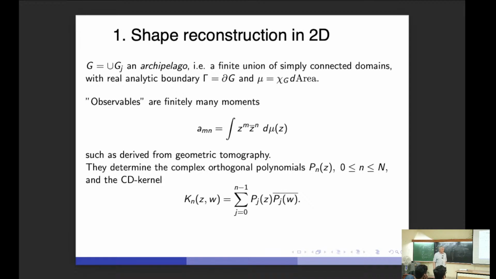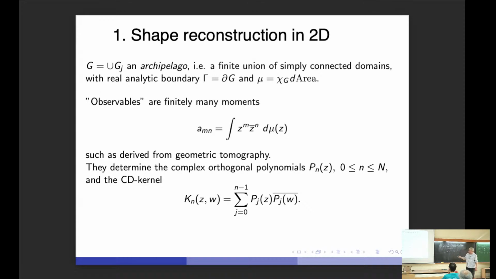First application. We have a measure, let's suppose the simplest possible: just area measure in 2D against some shape, some region. And I want to approximate that region knowing only partial data.